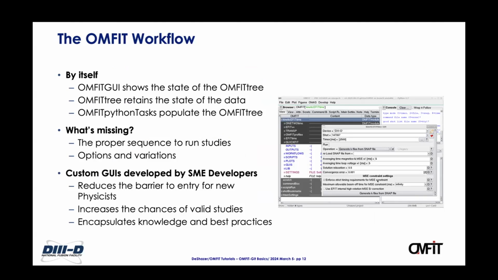So the question is, what's missing when you have that? What's missing is the proper sequence of how to do things. Anybody who's ever done a physics analysis knows that you get a nameless file and you have to go in there and figure out which part of the namelist you need to change. There's a series of analytical steps that you have to take before you have confidence that your result is meaningful and has been done correctly.